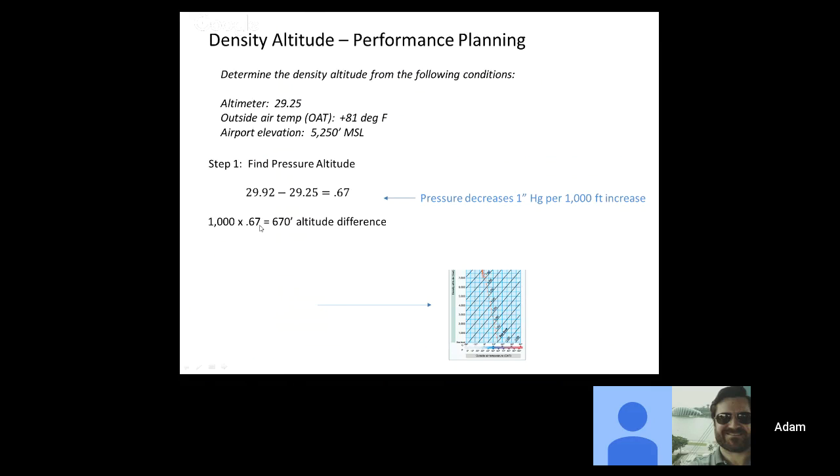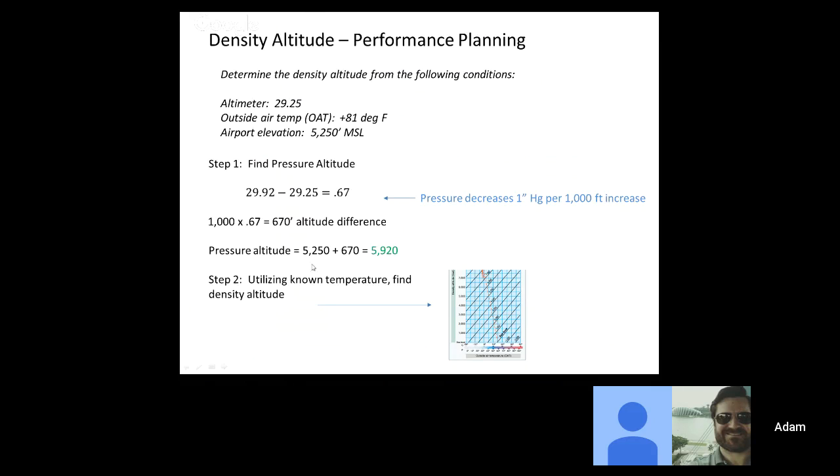I multiply 0.67 by 1,000, because there's 1,000 feet per inch of mercury, and I come up with a 670-foot altitude difference between my current elevation and pressure altitude. Make sense so far?